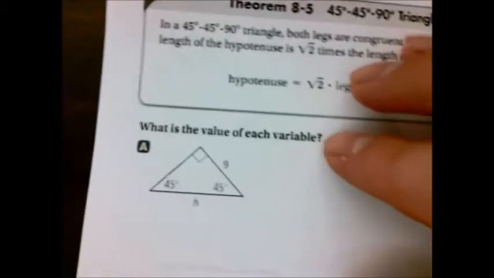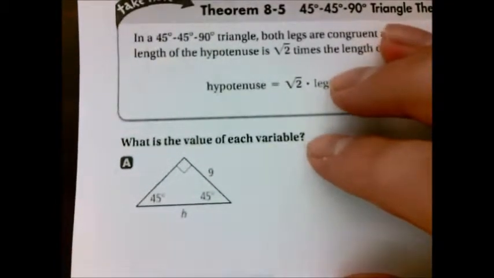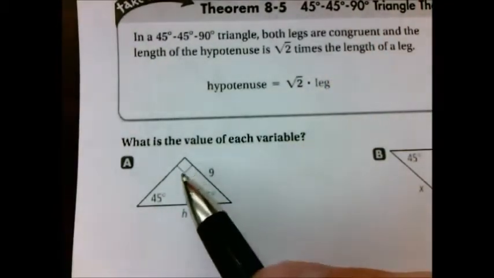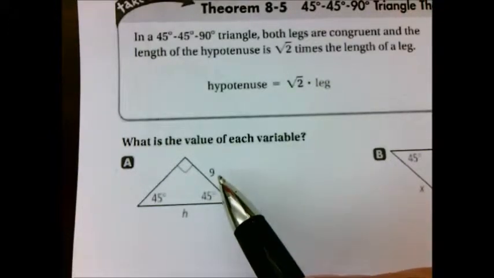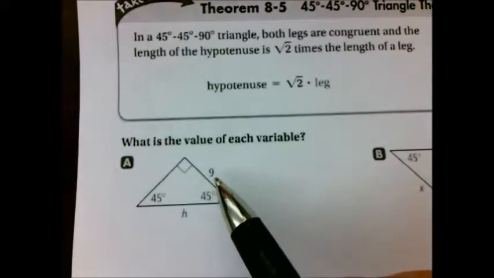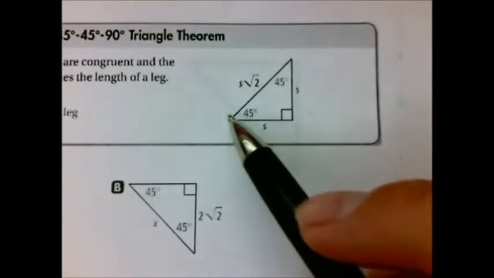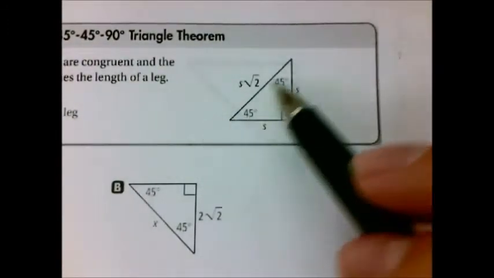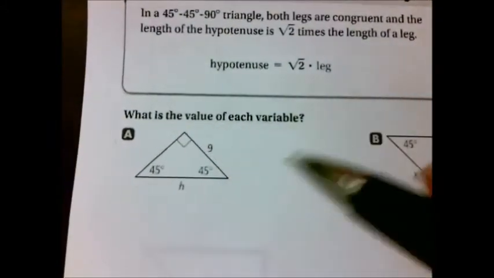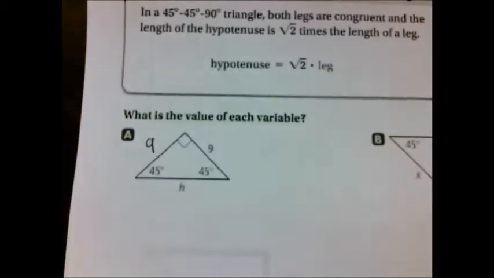So when you have a triangle that is 45, 45, 90, and you know that one of the legs, meaning one of the straight sides, not the diagonal side, is 9, then this side would also be 9.